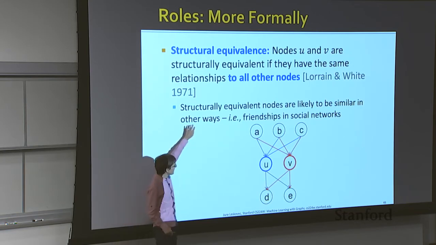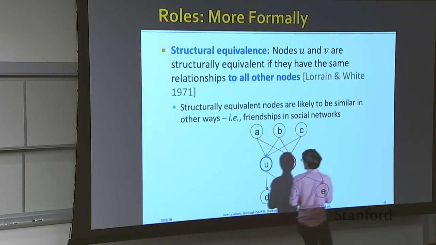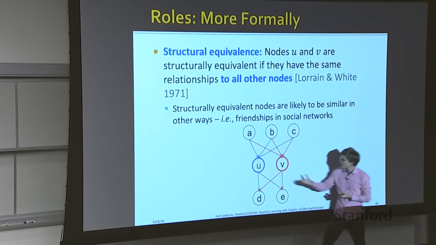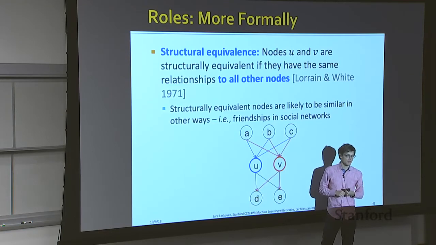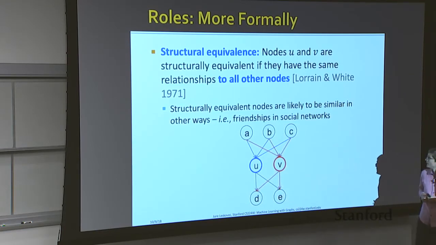So structurally equivalent nodes are likely to be similar in many different ways. And in our case, for example, nodes U and V would be structurally equivalent because they both link to the same people in exactly the same way, right? So we would say nodes U and V are structurally equivalent.